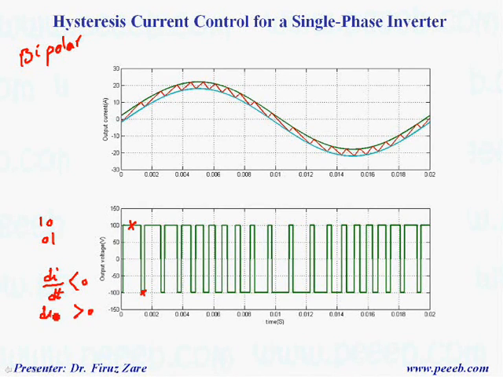So that's why it's quite easy to decide which voltage we need based on the load current. When di/dt is positive, that means current is increasing, and the reason is that the output voltage is positive.